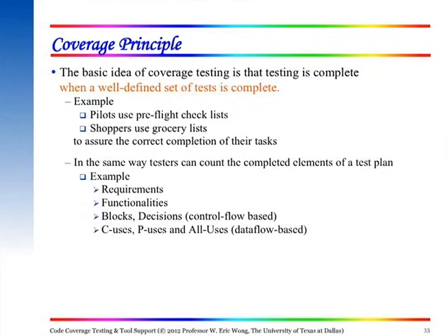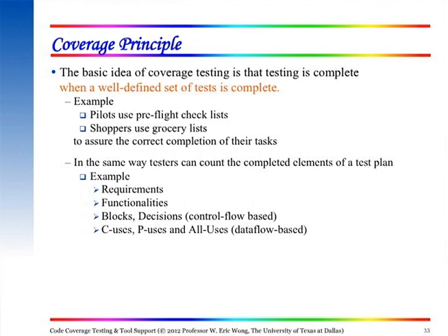But for today, the coverage which we are going to discuss is white box-based coverage testing. We're talking about source code. In particular, each line of code, each decision, branch, condition.